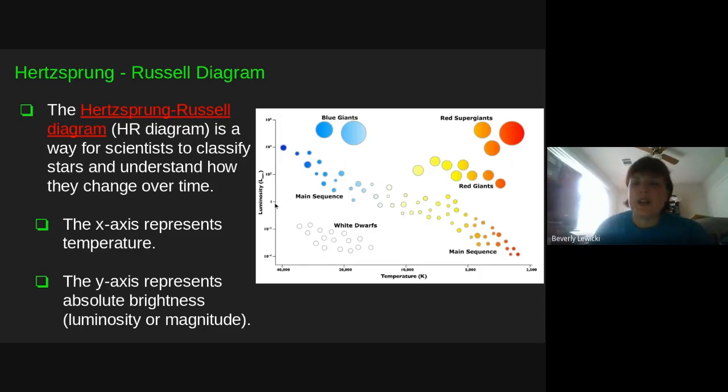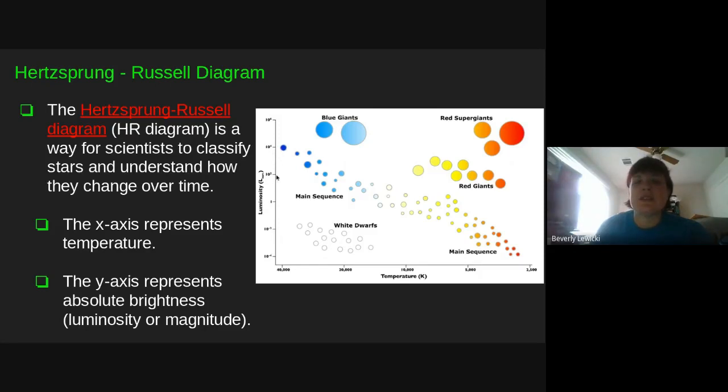So 1 is ours. Anything below this 1, and these are negative numbers, means it's less bright than our sun. All of these are going to be less bright. Anything above this, okay, 10 to the second power, 10 to the fourth, we're just adding more zeros behind it, right?